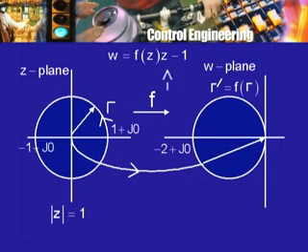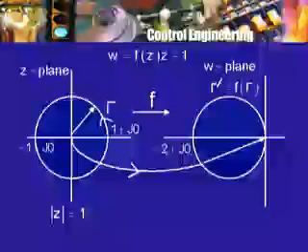In this case then, because the function is w equals z minus 1, and we are looking at the encirclements of the origin in the w plane, we must exclude the point z equal to 1, because z equal to 1 makes w equal to 0. So you have to choose a contour which will not pass through the point z equal to 1.